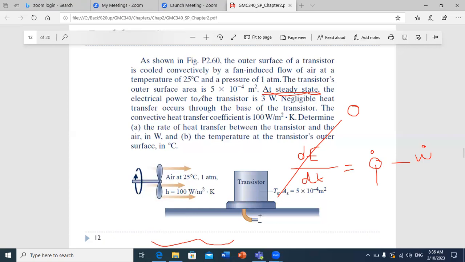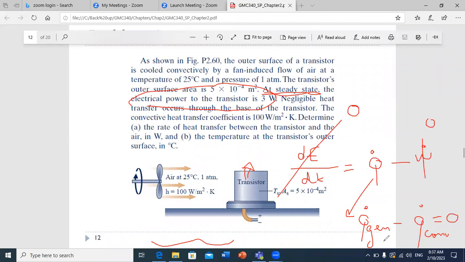You have an electrical power, so you have Q dot generation. So this should be divided into Q dot generation, which is given to the system, to the transistor, and air will take heat out of your transistor. So it's a negative flux. So minus Q dot convection equals 0.